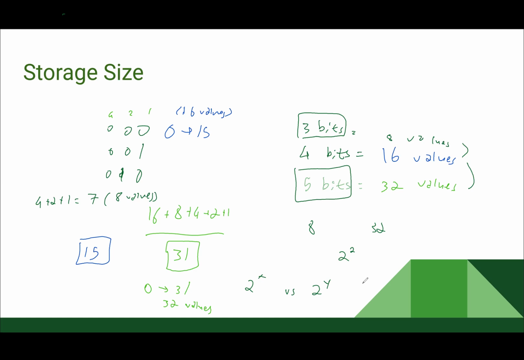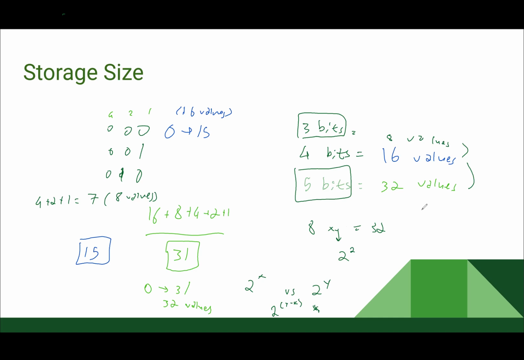So let's assume that y is greater than x. The difference in number of values is always going to be 2 to the y minus x times more values, because we have 8 times 2 squared equals 32.